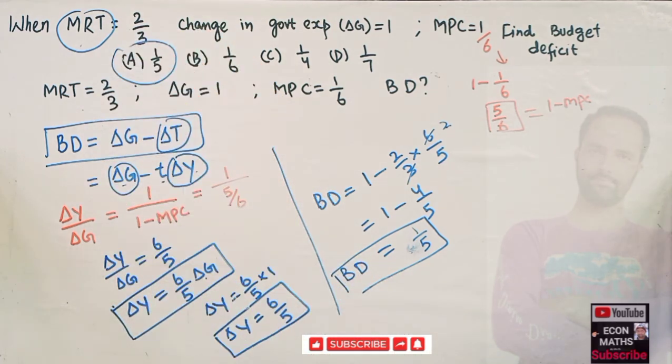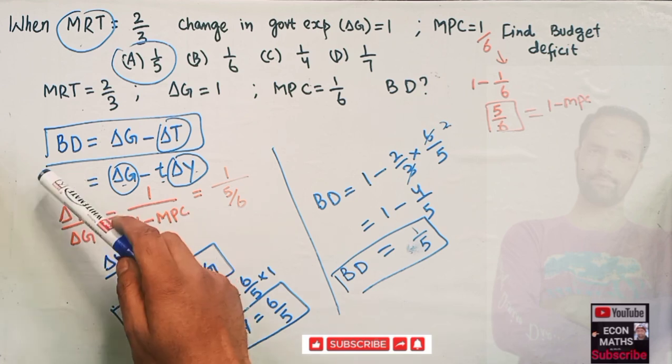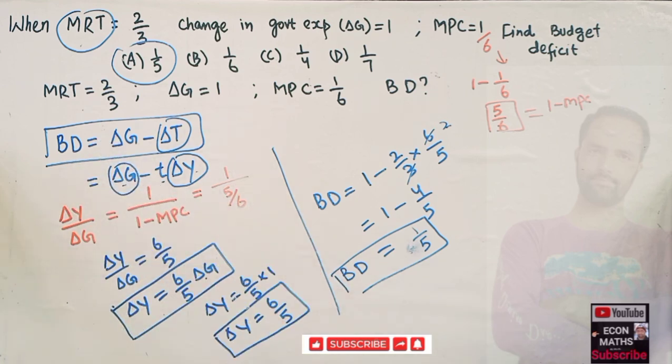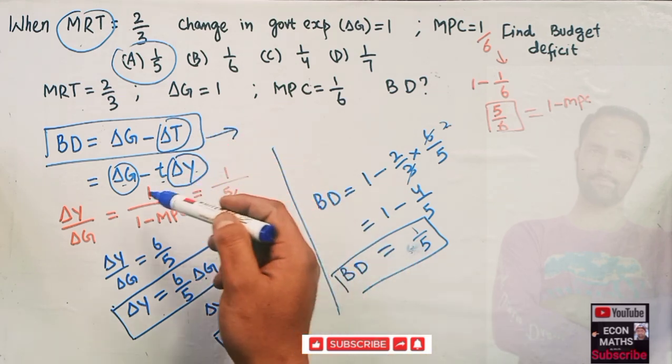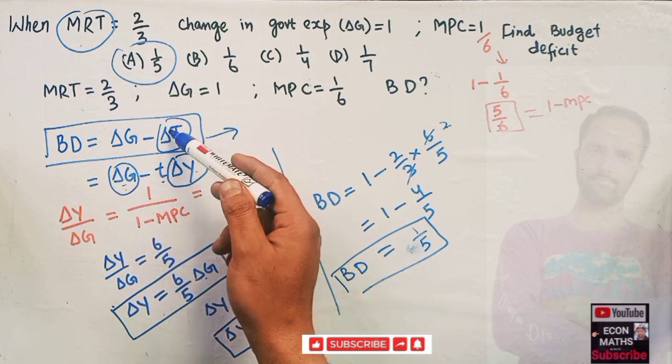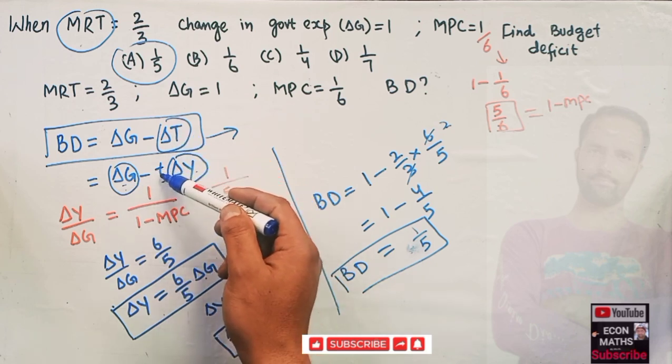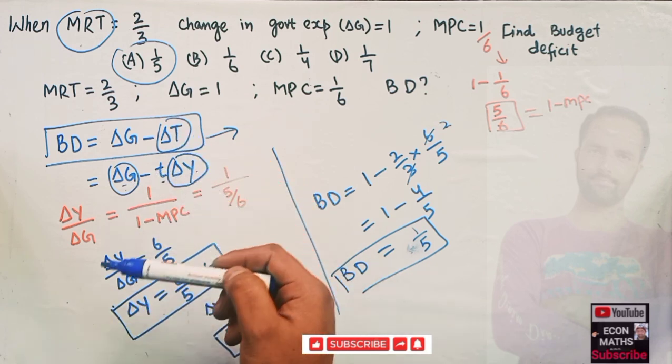So how do we calculate it? First we know that budget deficit is equal to this very thing. Since we were to use this very formula, if we rearrange this, we can write delta G minus, in place of delta T, the marginal rate of tax times our change in income.